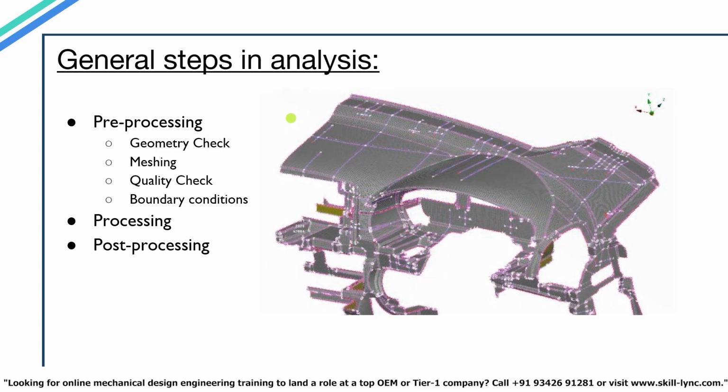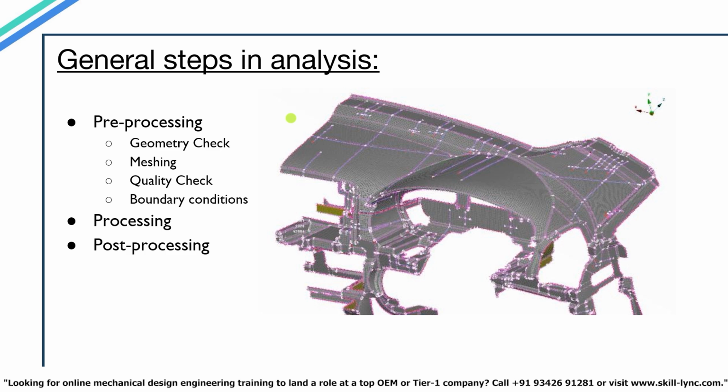Once it is verified that there are no issues, the model is discretized into a number of smaller elements, similar to what we had seen in the cantilever beam example. And depending on the type of analysis, there are various quality parameters which the individual element must fulfill. So some quality checks are also performed after discretization to ensure that the mesh is good enough for the analysis.